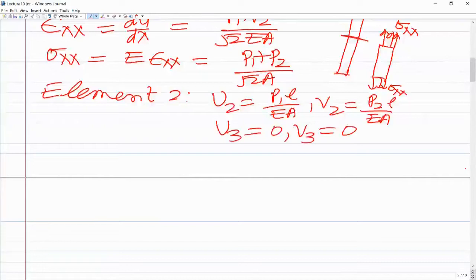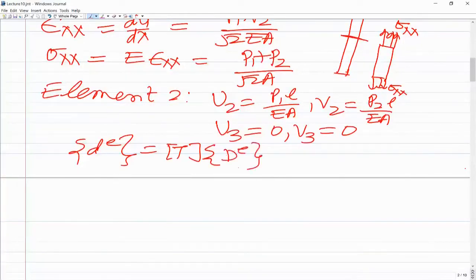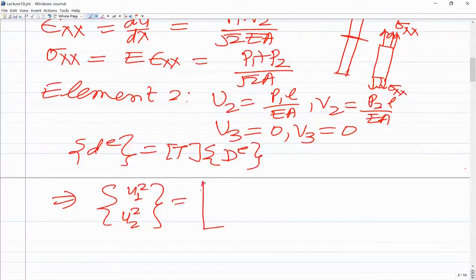Now we want to use the same relationship, that is d equal to T into capital D. So we are using this transformation relationship. So we can now write the displacement of the local node 1 along the local x direction and local node 2 along the local x direction for element number 2 using the transformation matrix, and for the second element we had said alpha is minus 45 degrees.